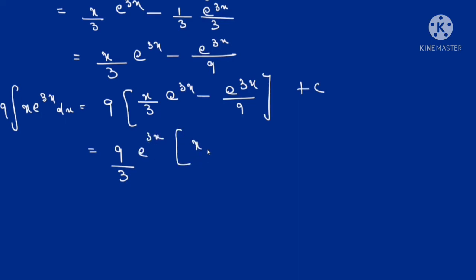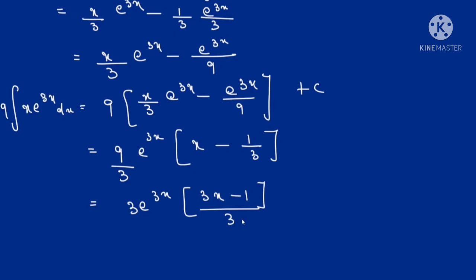Here you get 3 e power 3x times x minus 1 by 3, plus c. This 3 and this 3 cancel. So the final answer is e power 3x into (3x minus 1) plus c.